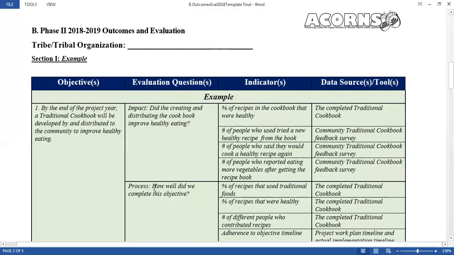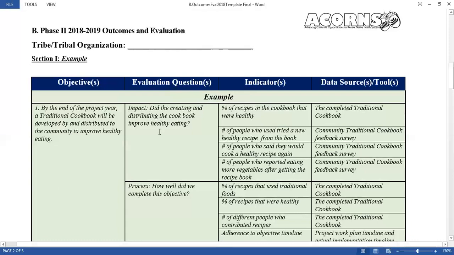So in this example, it said, how well did we complete this objective? Like in our work plan, we set activities and timelines and outcomes and measures, and we might want to know how well did we stay on track with our timeline, or did we distribute it the way that we wanted to? You know, how well did we complete that?